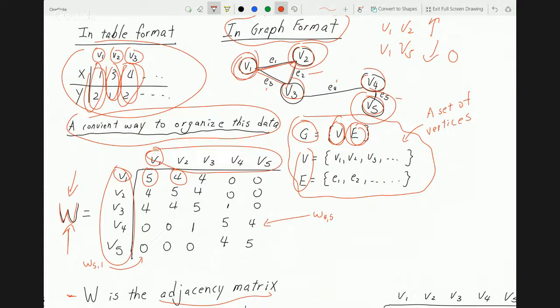Similarly, V1, V3, we'll give it a 4. But V1, V4, we want something small, and notice there are no edges connecting them. So we'll just make that 0. Similarly, V1, V5. And that's the idea of this adjacency matrix. It's a table that essentially describes relationships from one point to every other point.